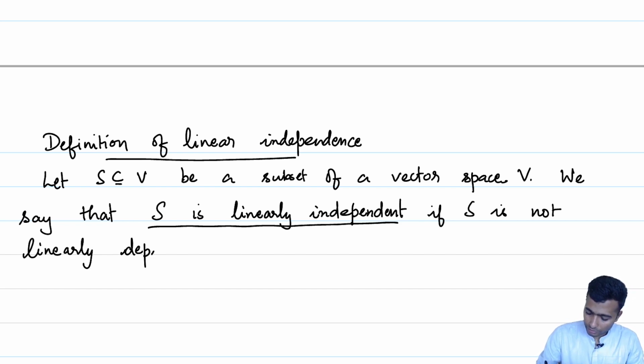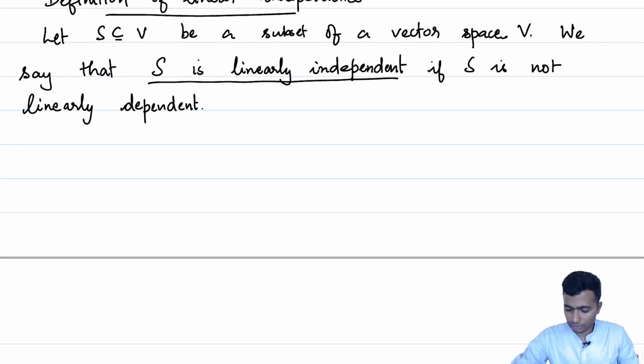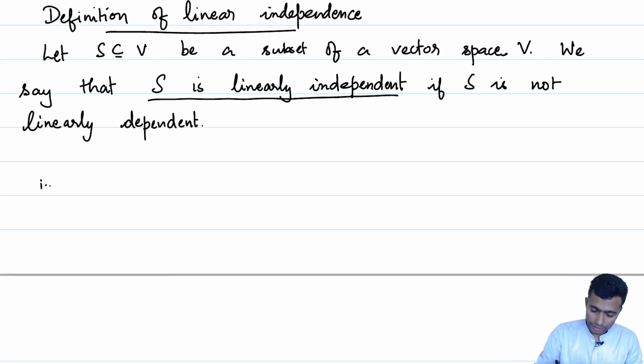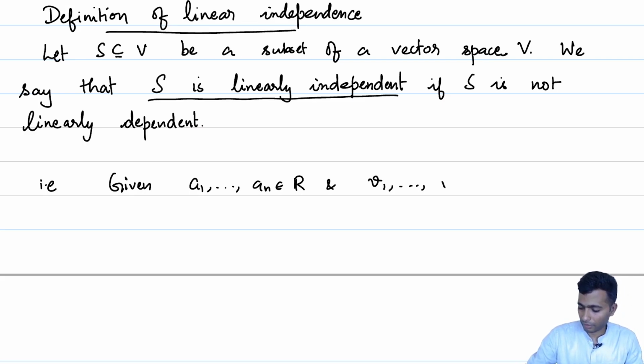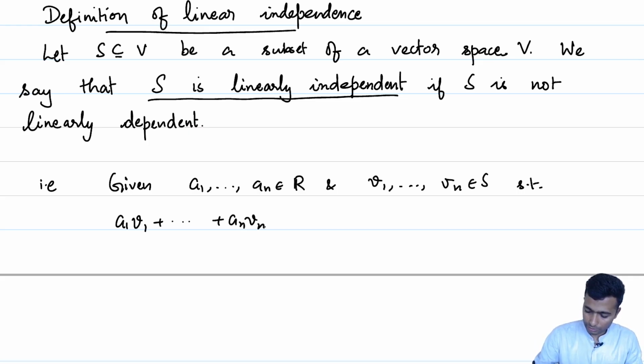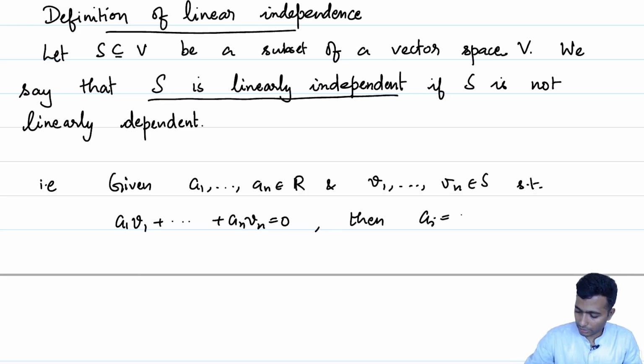So, if you carefully notice, this can also be written in the following manner: given a1 to an in R and v1 to vn in S such that a1 v1 plus a2 v2 plus ... plus an vn is equal to 0, then ai is necessarily equal to 0 for all i.